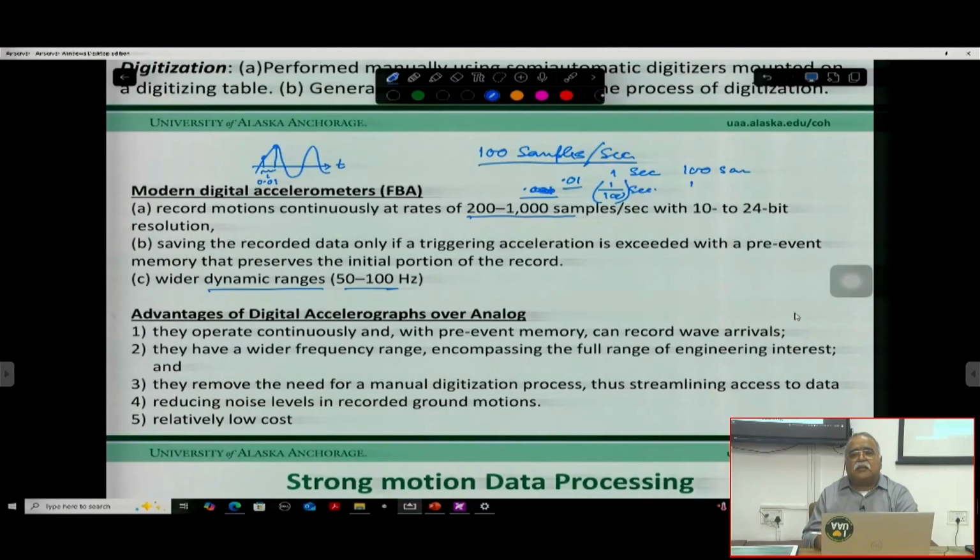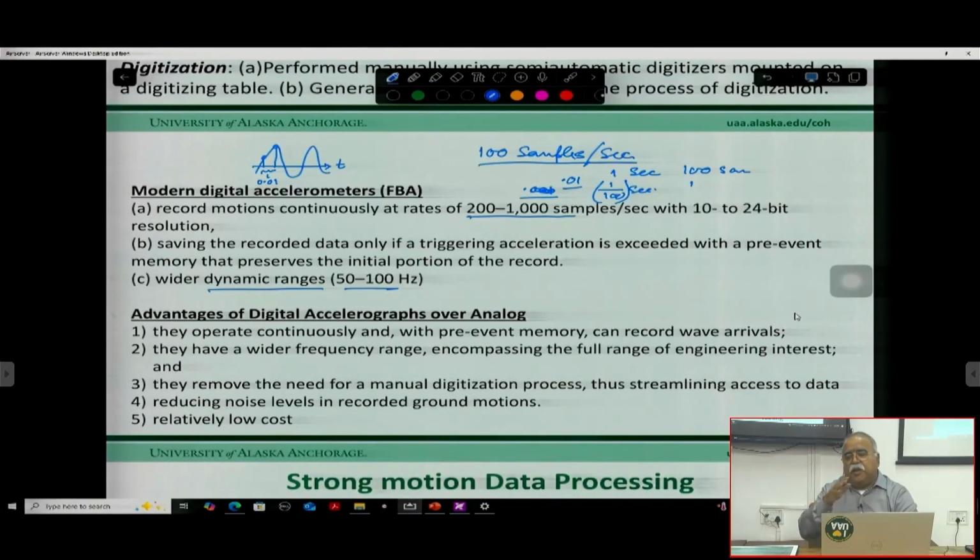So nowadays accelerometers are capable of continuous data streaming, and that continuous data will be transmitted via the internet port to the recording stations, or the observatory, and they can see continuous data 24/7.